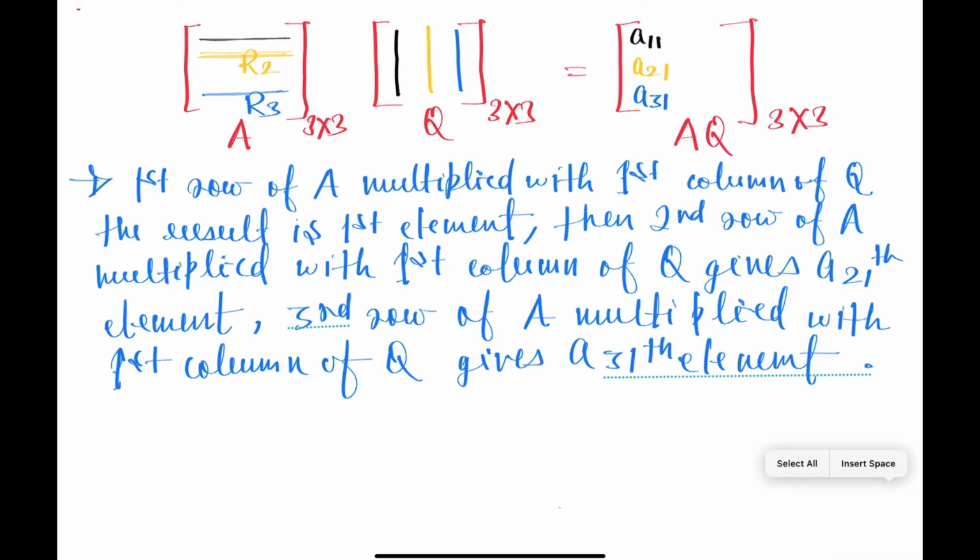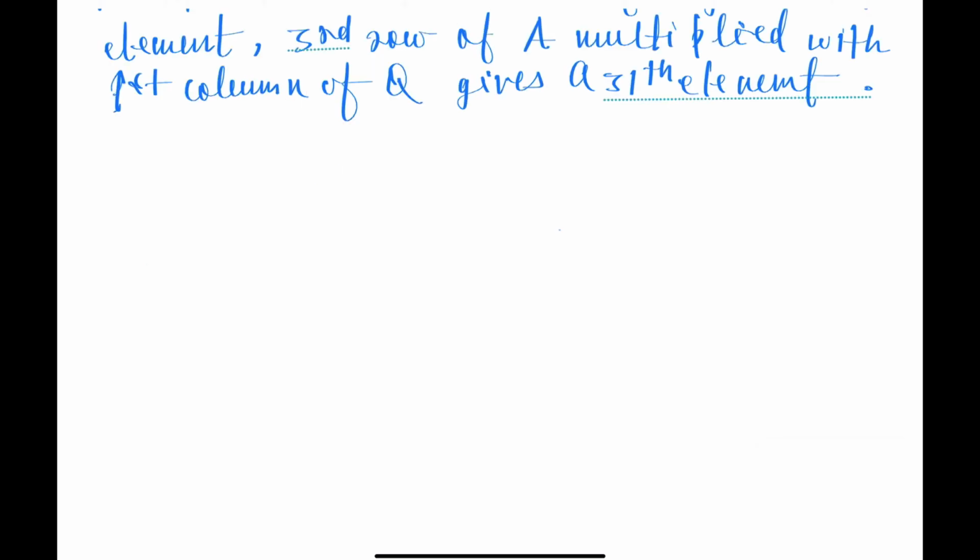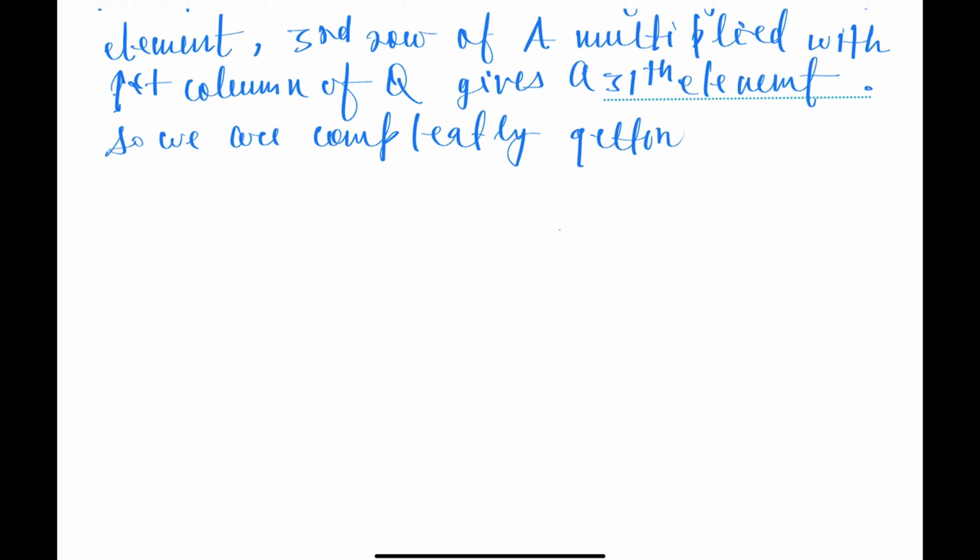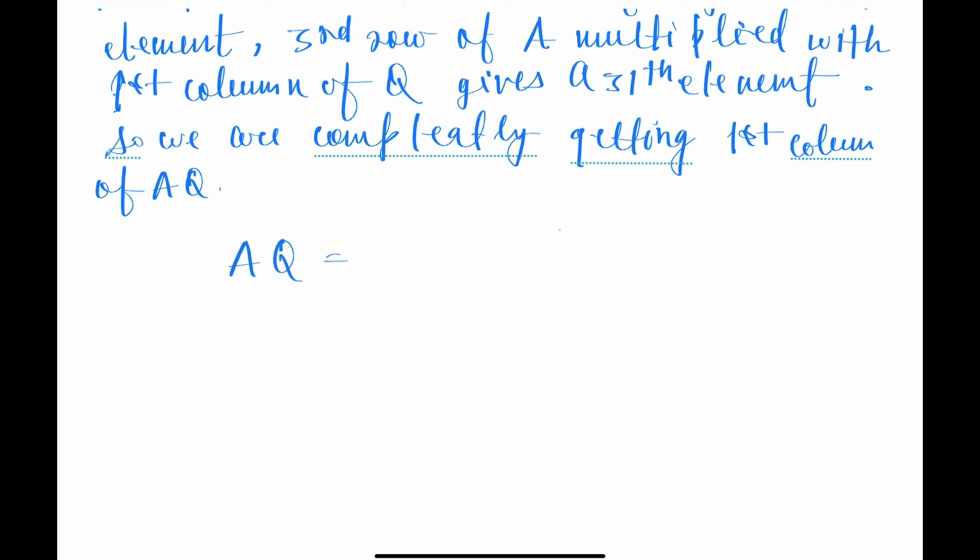So we are getting completely the first column of AQ, which is A11, A21, A31.